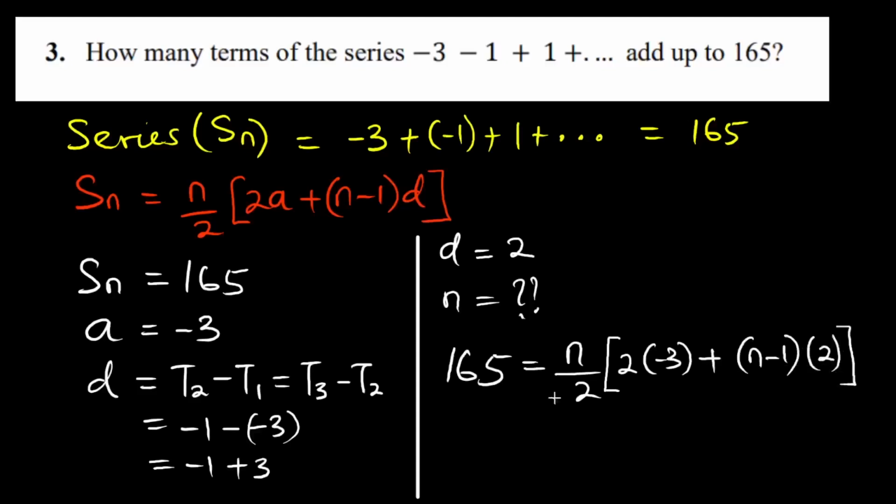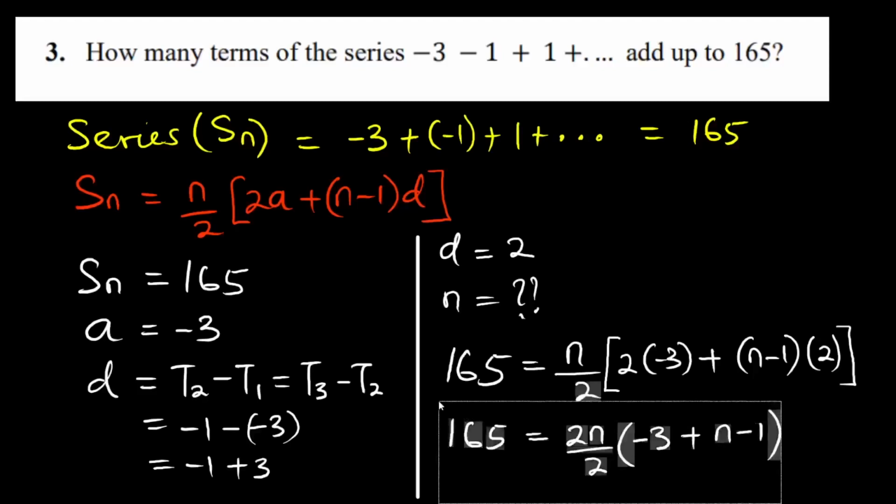If you are very good with your factorization, which is a very simple way to do this, since these two terms are adding, I can factorize the common factor, which is 2, out to give me 2n all over 2 times minus 3 plus n minus 1. Is that okay?